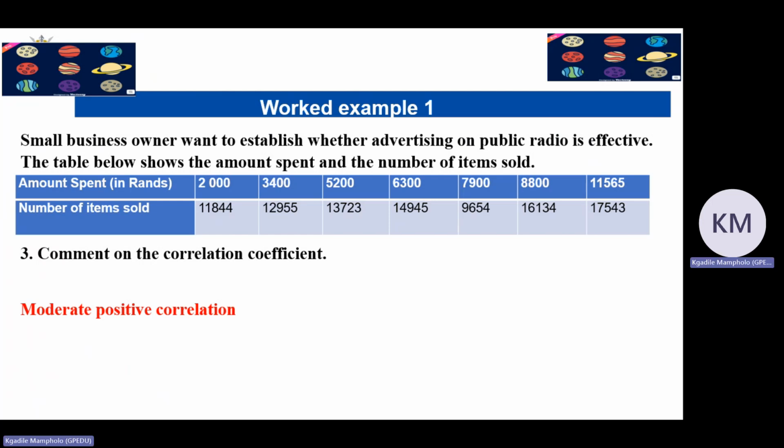It's moderate because the number is close to 0.5. It means that the plots are not very close to the line of best fit, or least squares regression line.